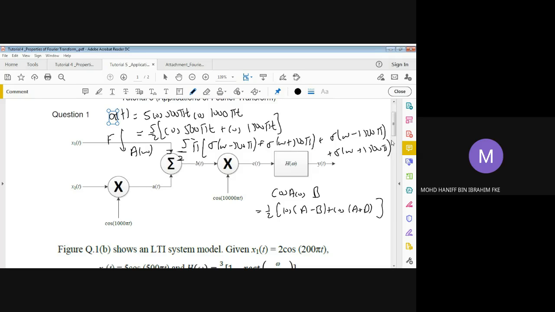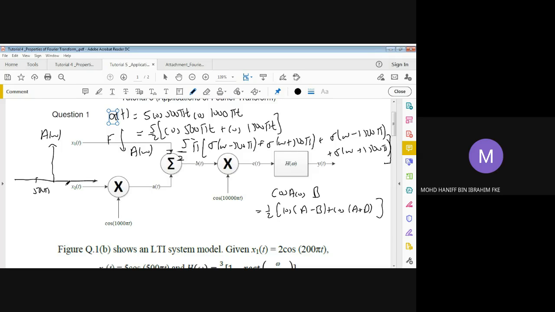So we are going to have 4 impulses for this particular case, yeah? The impulses for A(ω) shall look like this. That should be A(ω). We're going to have 4 impulses located at the respective locations based on the equation there.